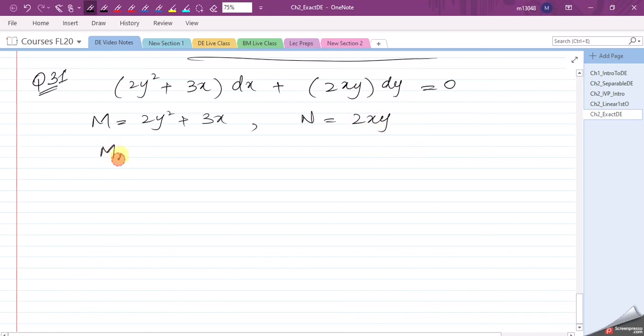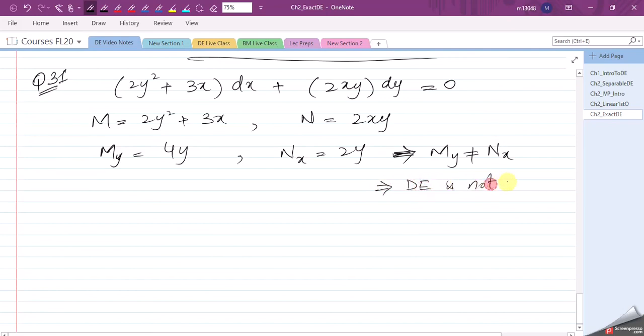When we calculate my, the derivative with respect to y, it is 4y, and nx, y is constant and x, it is 2y. We can easily see that my is not equal to nx. So this means the differential equation is not exact.